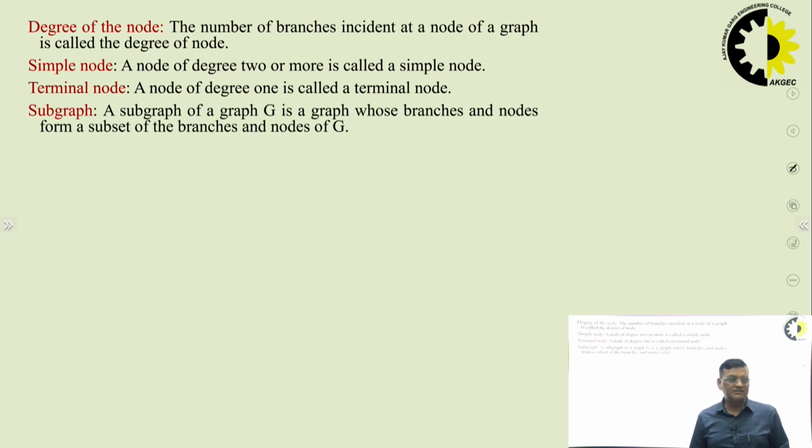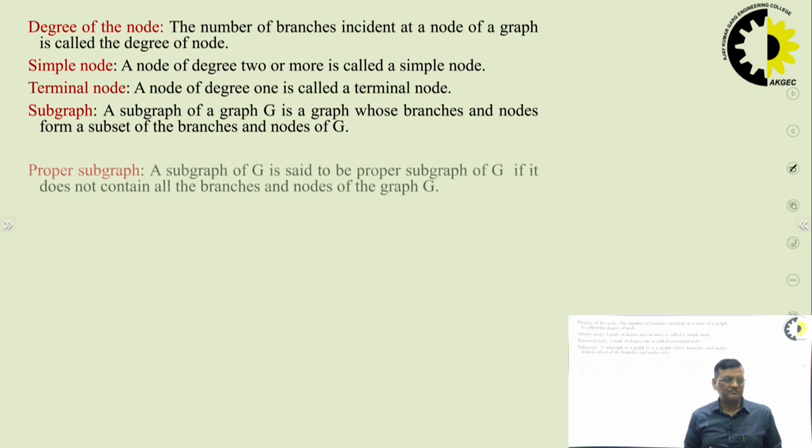Then we have the subgraph. A subgraph of a graph G is a graph whose branches and nodes form a subset of the branches and nodes of the original graph G. So if you are required to draw a subgraph from the original graph, we take some branches and nodes from the original graph and draw the subgraph.